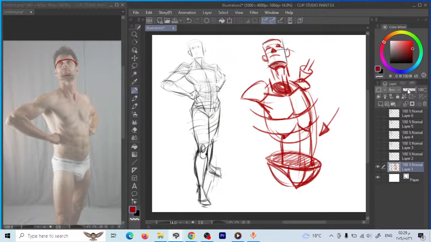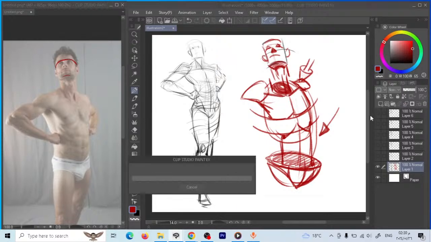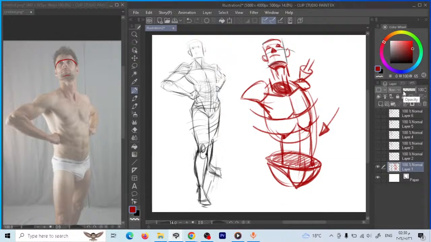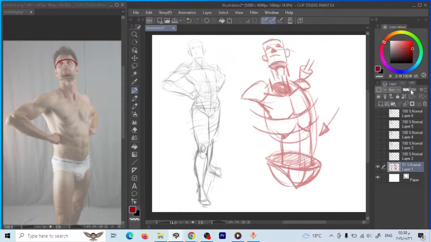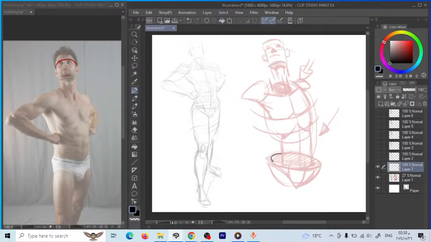To make it even more clear, since I always draw in a messy way, I'm so sorry for that, I'm going to make it like this.